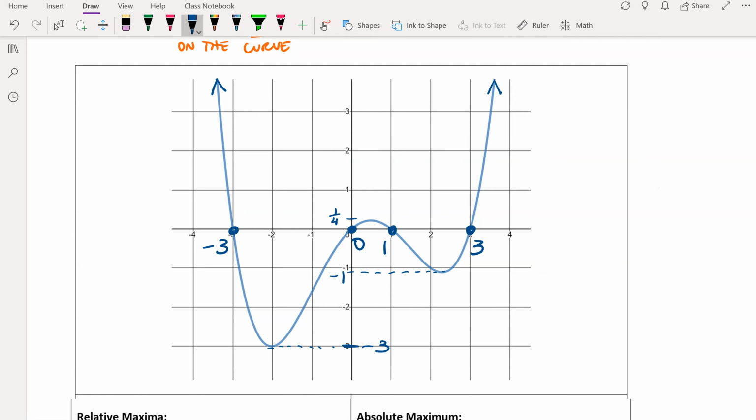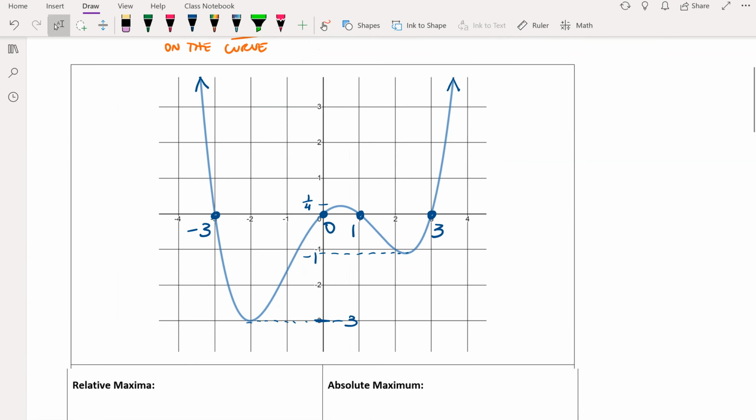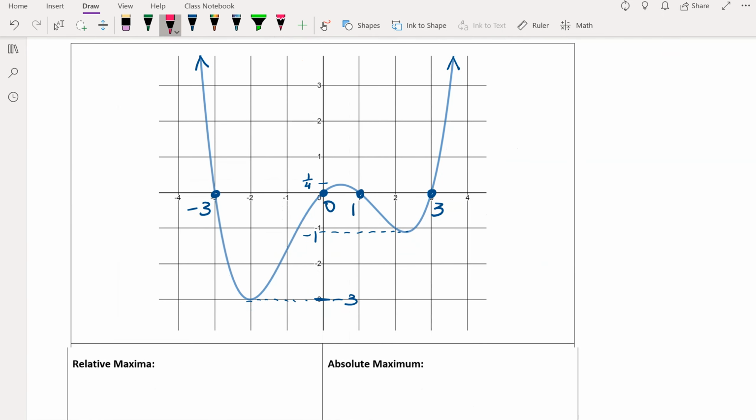So, the first thing we need to write down are the relative maxima. And again, there are going to be multiples because you can have more than one maximum. Well, there doesn't have to be a multiple though. So what we're going to do is check for all the high points. I like to think of this as the hills. Look for the hilltops.